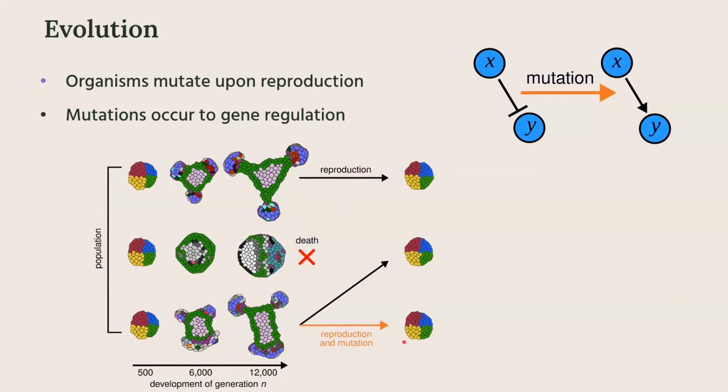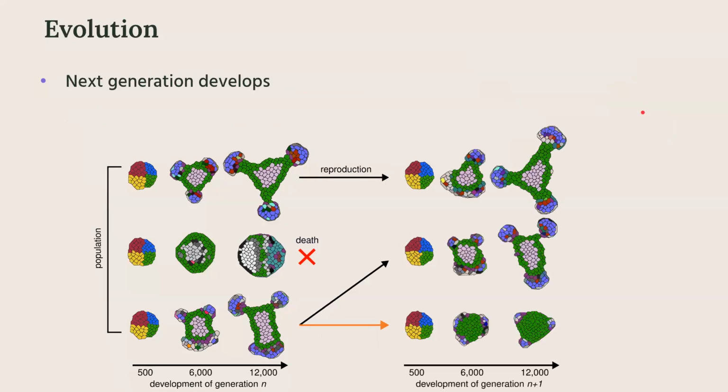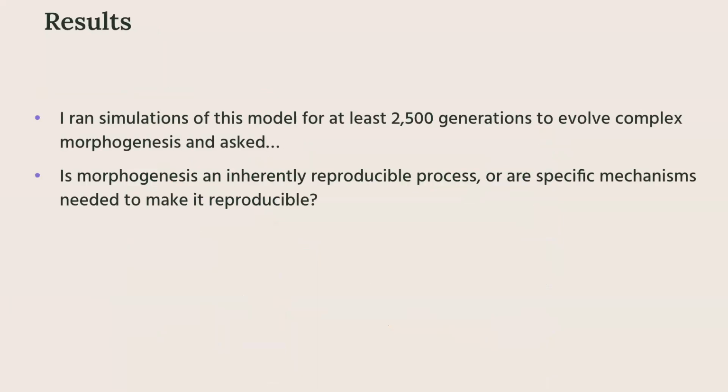And during reproduction, mutations can occur in that gene regulatory network. So an example mutation is shown here. Let's say we have some transcription factor X that inhibits the expression of gene Y; that can mutate to activation during reproduction. And then the next generation will develop, and I repeat that process over and over again.